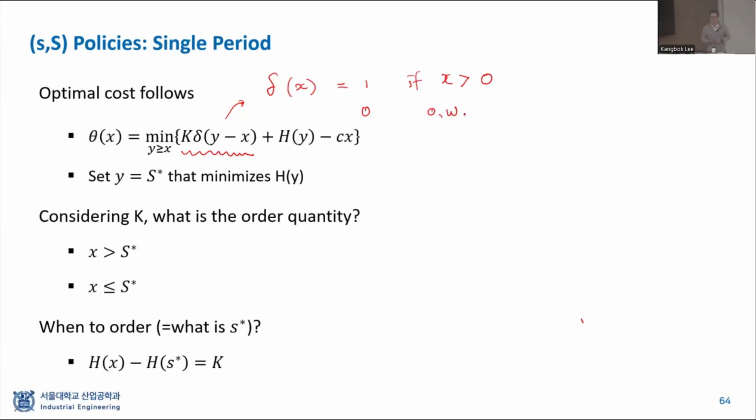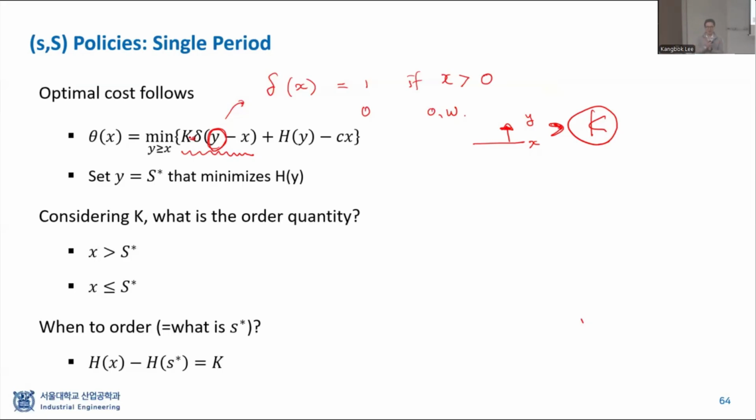Why does it matter? Because if your new position y is strictly higher than x, then you are making a positive number of orders, and that's the only case where you have to pay K. So it's K times delta of y minus x, and everything else is the same.